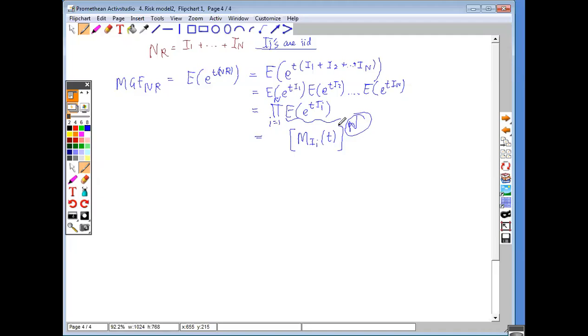Does this make some sense? Or can you do that? No, it has to be a constant, right? So where did we make a mistake in how we ended up with a random variable in the power? That doesn't seem right, right?